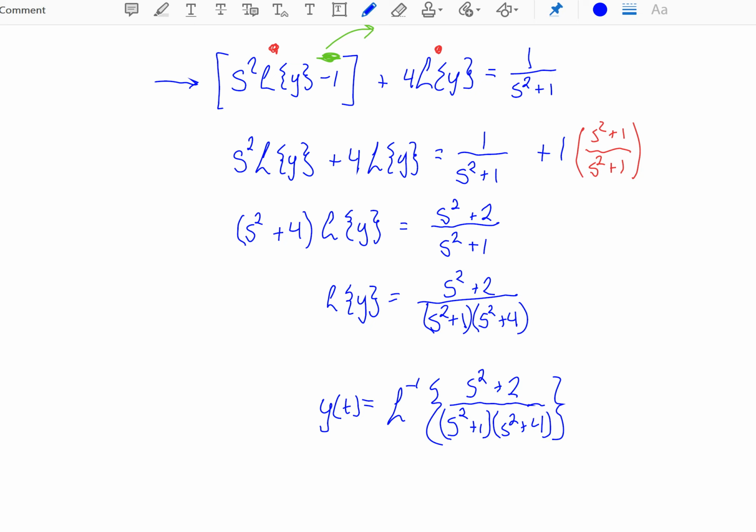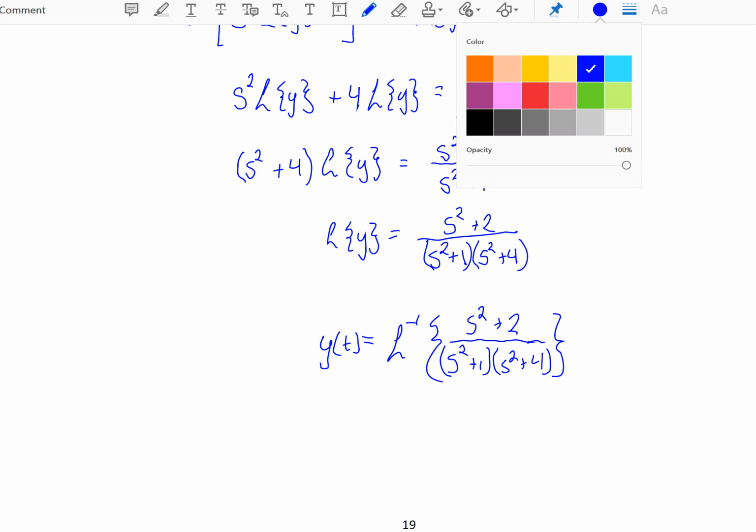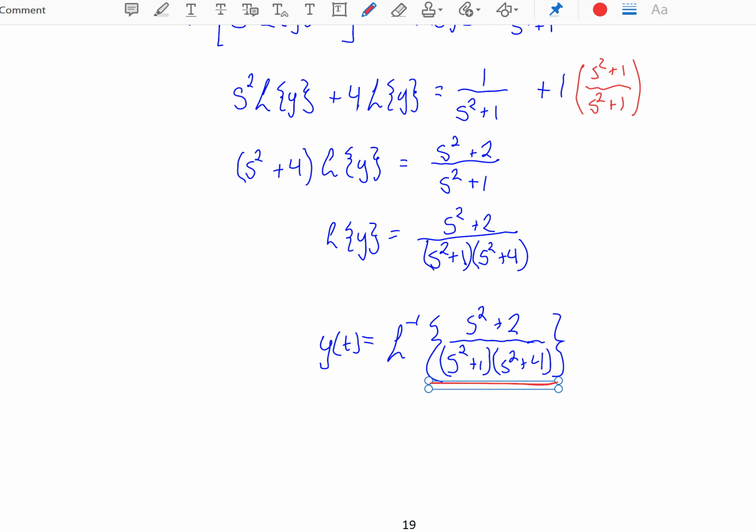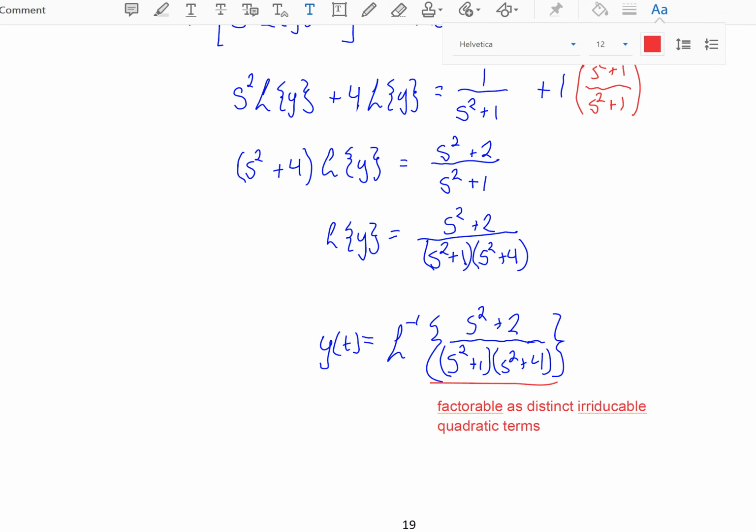And I think what you want to notice here is the right hand side is factorable as distinct irreducible quadratic terms, or quadratic factors.